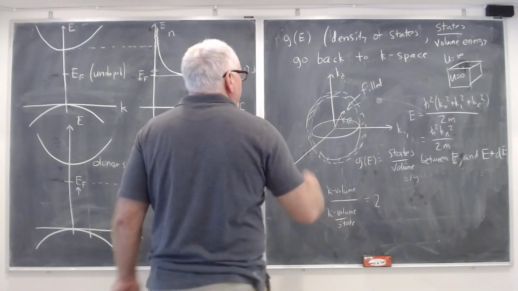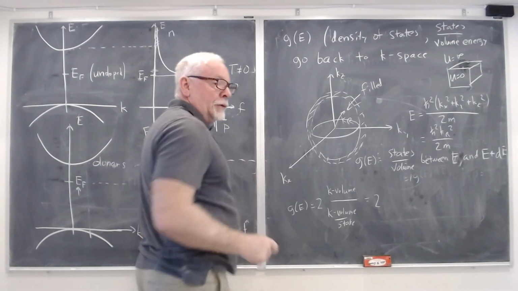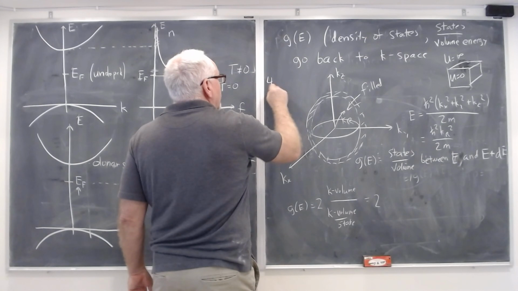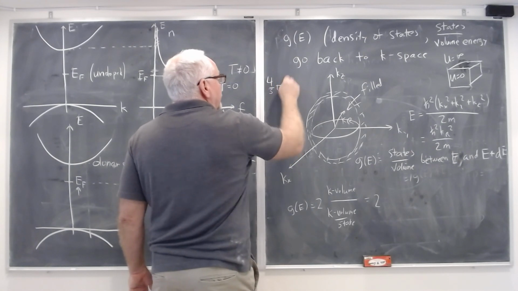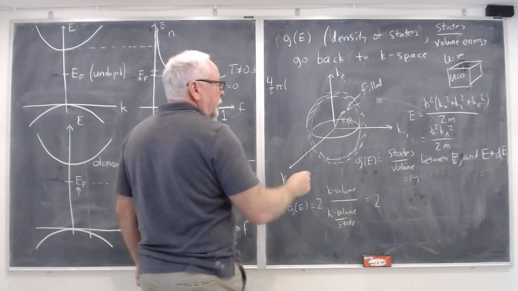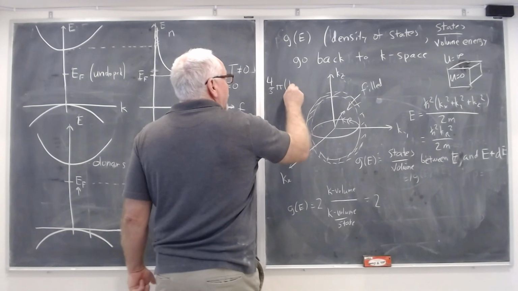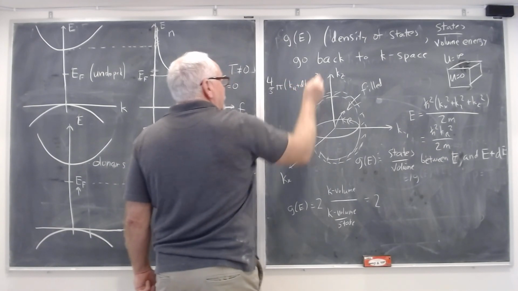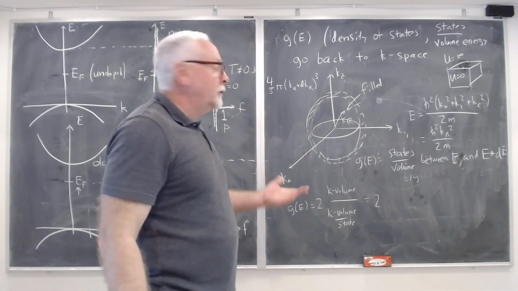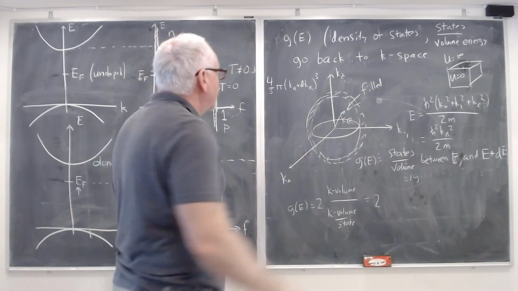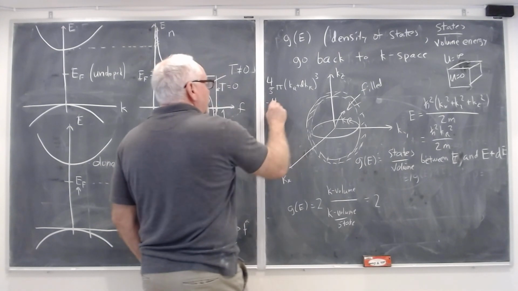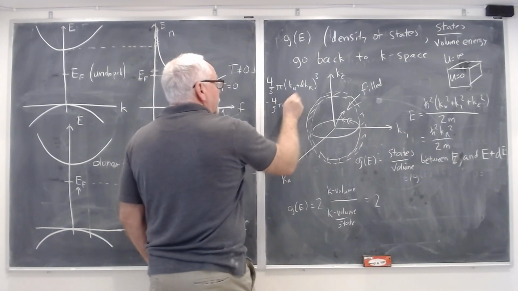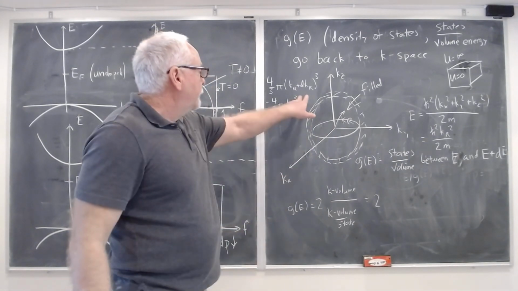One way to think about it is to take the volume of a sphere, 4/3 pi, and take kr plus dkr cubed. That's the volume of a sphere, 4/3 pi r cubed, and subtract off 4/3 pi kr cubed. All right, and figure that out.